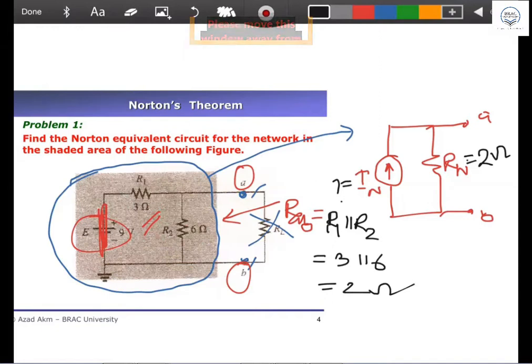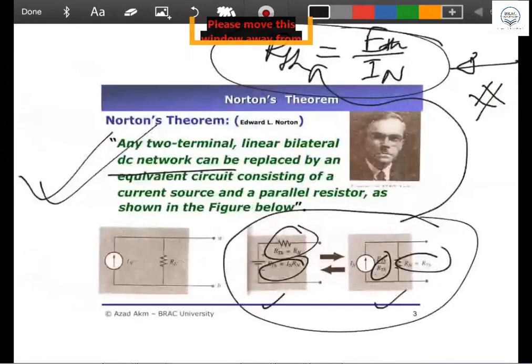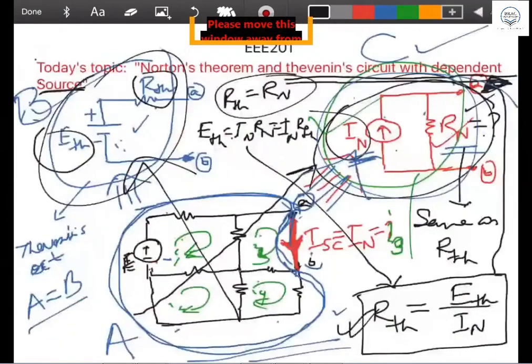Now, how to find the I Norton? What to do? Can anybody tell me? So source transformation. No, look at it. I'm showing you here. To find the I Norton, what did I do with A and B?